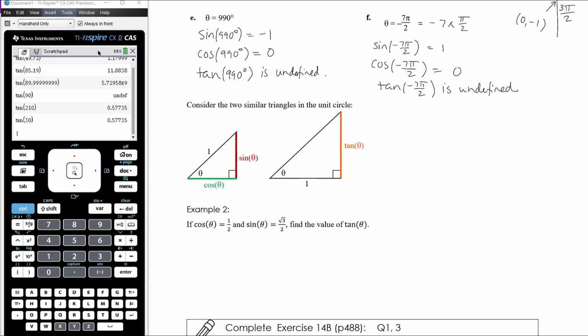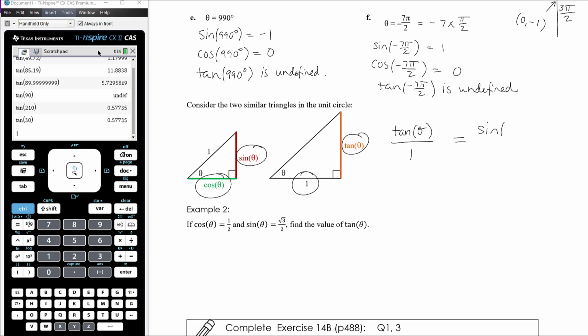So if we have a think about what's happening here, we can create some relationships. And similarity is actually where SOH CAH TOA comes from. We can go into that at another time. But we can create a relationship here between sine, cos, and tan using similarity. So we know similar triangles have side lengths in the same ratio. So if I was to do tan of theta divided by 1, that's going to be the same as if I did sine of theta divided by cos of theta.